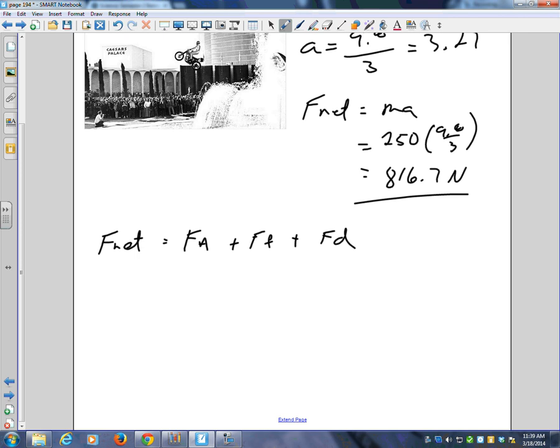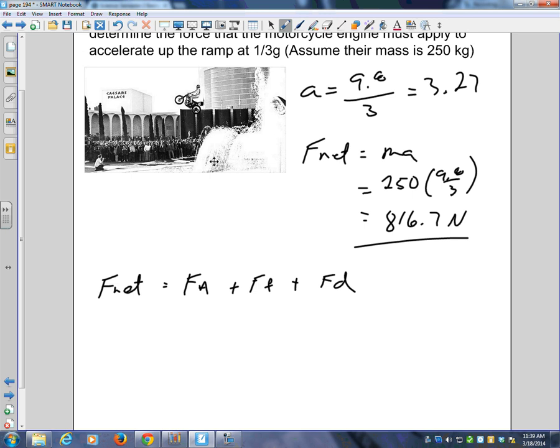And two of them are, in fact, down the ramp. Let me draw a picture in here. There he is going up. That's his applied force. He has to fight FD as well as FF. And the net force is going to be considerably more, isn't it? So yes, the FF and the FD are going to be negative down the plane.